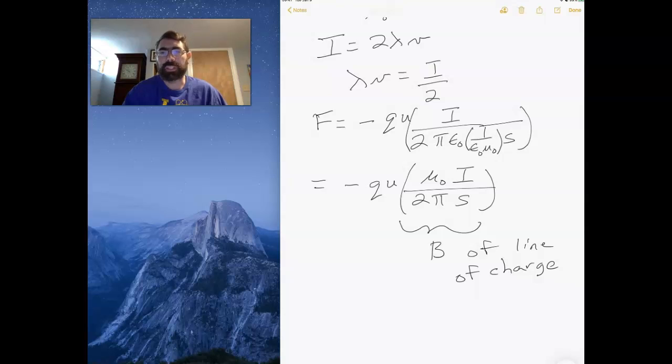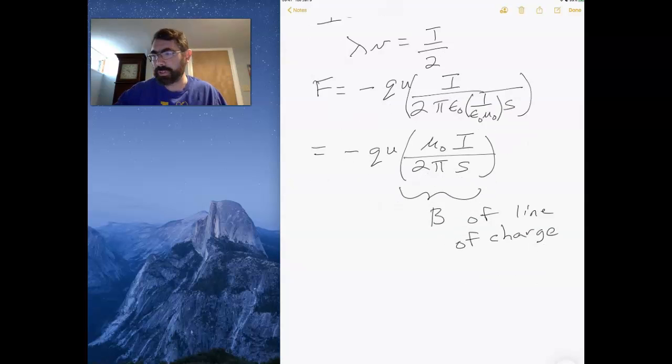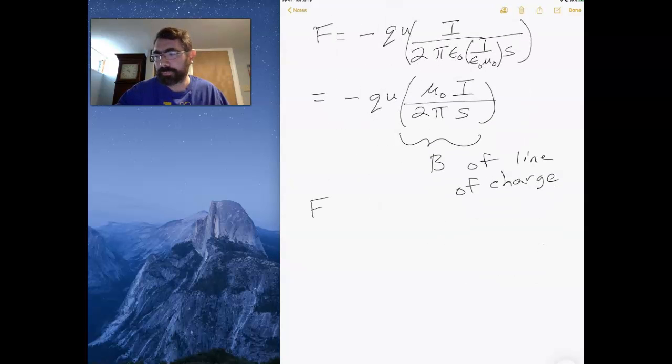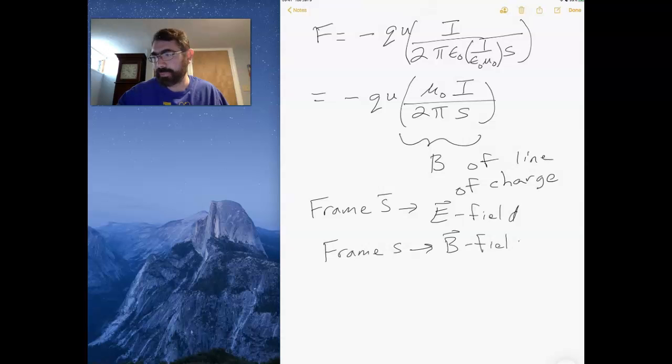The conclusion then is that what started out as a derivation of an electric field in frame S bar, where the interaction looks like an electric field, while in frame S the interaction now appears to be a B field.